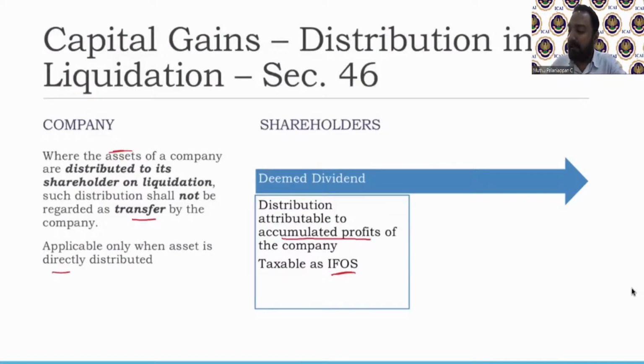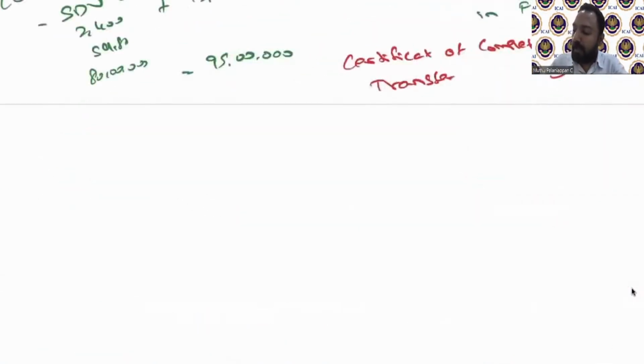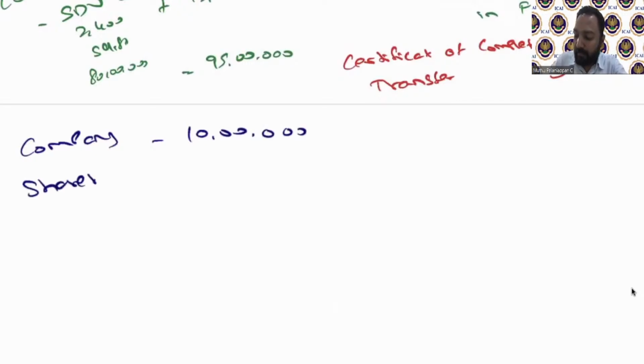Now let's say the company has a profit of 10 lakhs, and as a shareholder, I own 1,000 shares out of 10,000 shares in total. Out of this 10 lakhs, generally profit may be distributed as dividend.